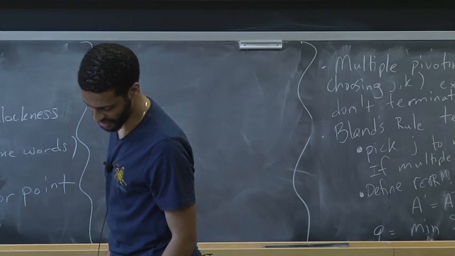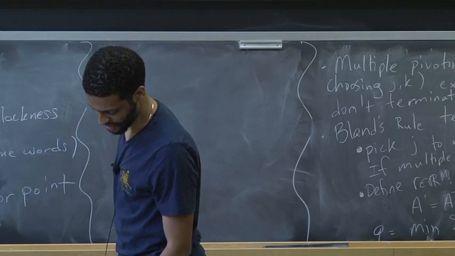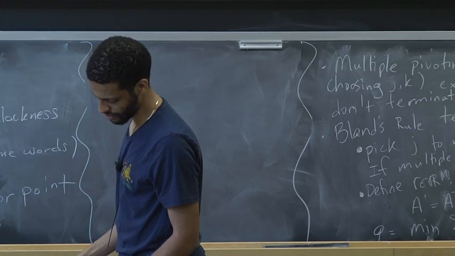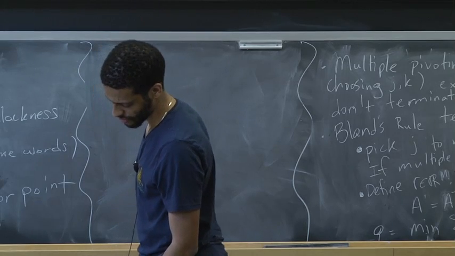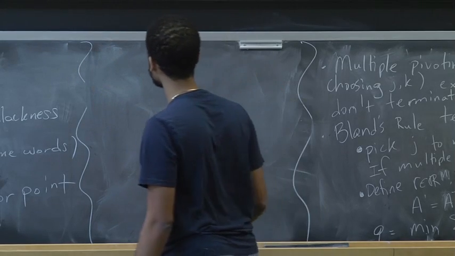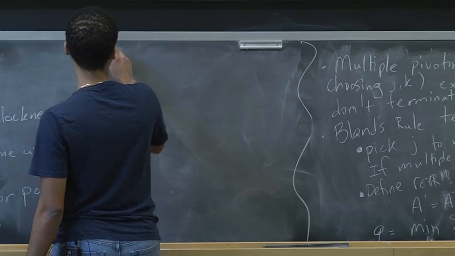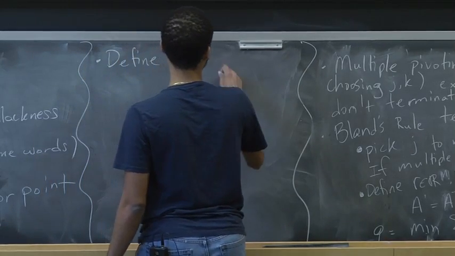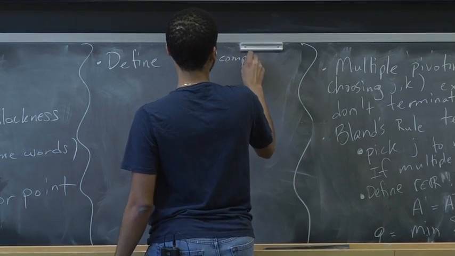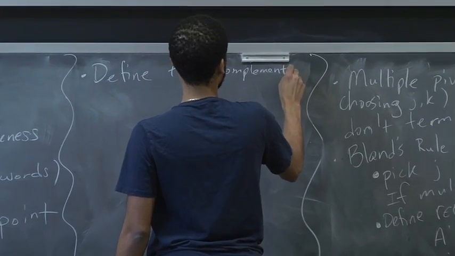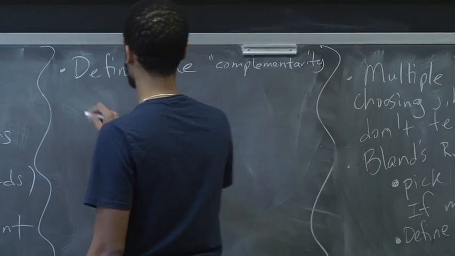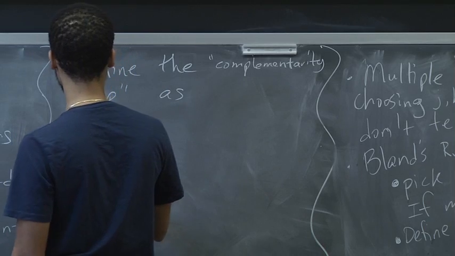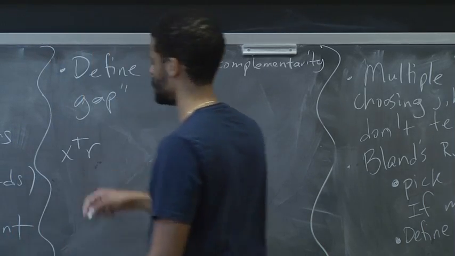So I wanted to say something about complementary slackness. We can define the complementarity gap as X transpose R, where R is the dual slack.